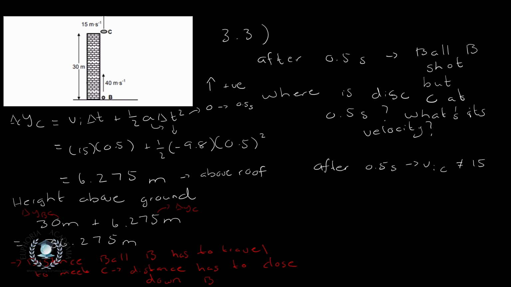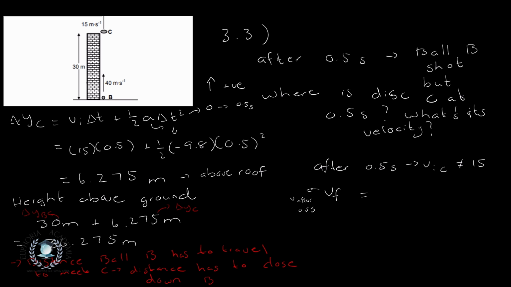Because of the force of gravity acting downwards, it's actually slowing down this ball. So we need to find out what velocity our disk C actually has, and we're still going to use the equations that we have been using. It's just that in this case, our VF is essentially the velocity after traveling 0.5 seconds.